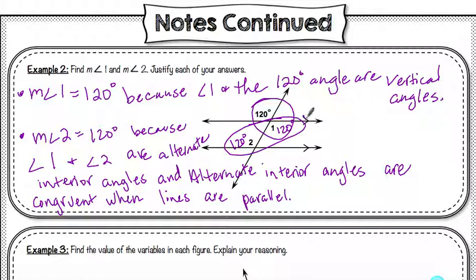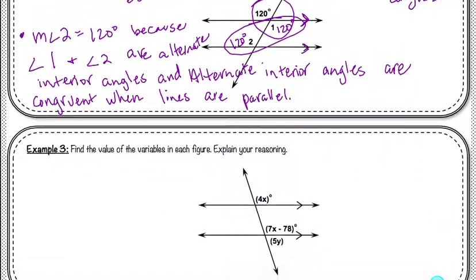So these lines are parallel. So these angles that are inside the two lines and across from each other, opposite sides of the transversal, they're congruent. So we've answered the two questions.